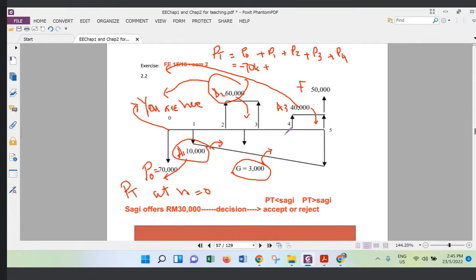Alright, so for P1, the P1 is unknown. You want to determine the value of P1, but you know the value of A1 and G. Which pair of formula do you need to use this time?